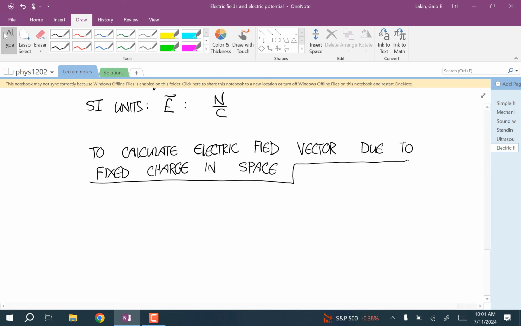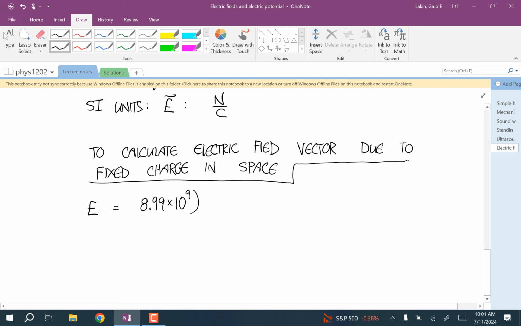And the equation for that is that the magnitude of the electric field vector, that's why I'm not putting a vector sign on this, this is just a magnitude, is equal to 8.99 times 10 to the ninth.